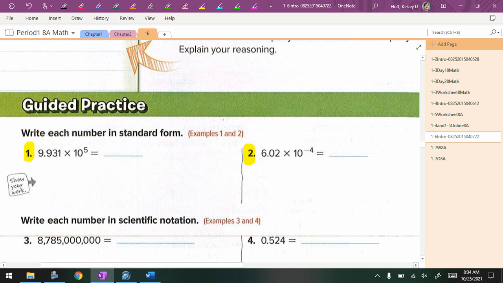Page 54, 1 and 2. We're going to go over it in just a minute. Do 1 and 2.